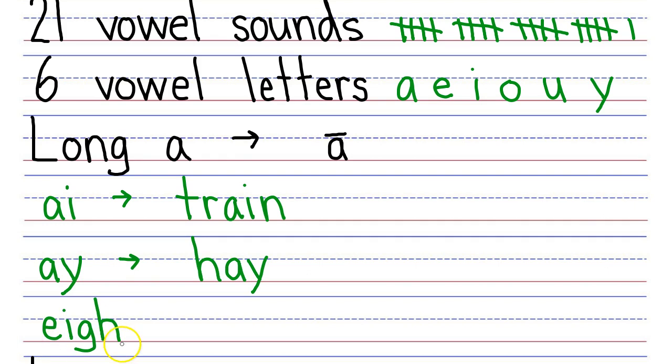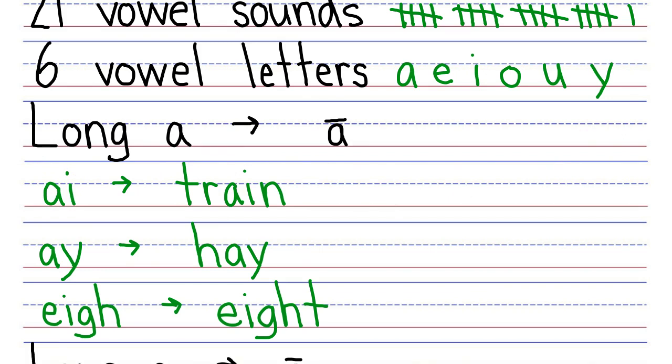And this is 4-letter long A, as in the number 8. EIGH says A, and T says T. Very good. I forgot to mention, you should be writing these green words along with me.